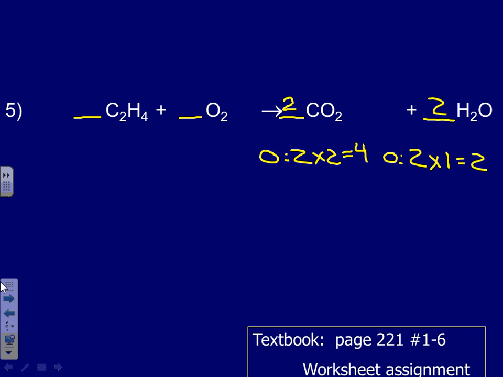So what am I going to need here? 3 O's. 3 times 2 is 6. Okay? Do the O's last when you get one like that. By the way, that's called a combustion reaction. We're going to learn about it tomorrow. It's when you take something and burn it in oxygen. So it's that oxygen that tells us it's combustion.